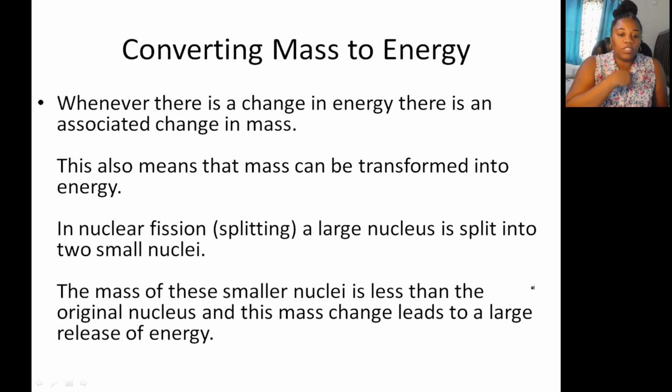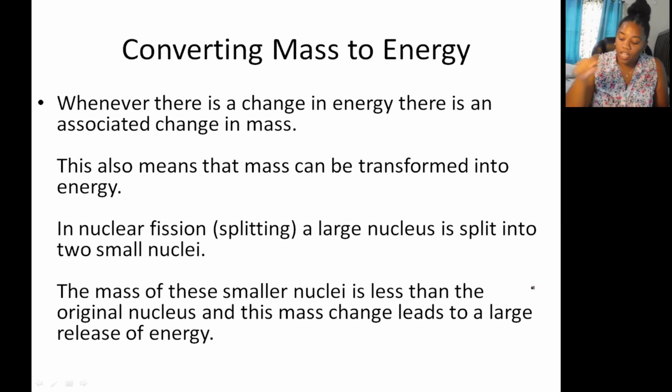In nuclear fission, which includes splitting a large nucleus into two small nuclei, we see this happening. A lot of energy comes out, and the mass of these smaller nuclei is less than the original nucleus, and this mass change leads to a large release of energy. So the large release of energy explains why the two daughter nuclei, or whatever amount of nuclei given off, have less mass than the original parent nucleus. Right?